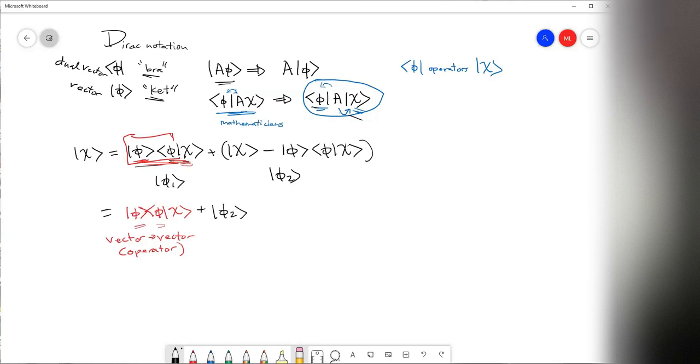So from here, we can define this projection operator as a projection onto a vector phi, using this Dirac notation. It's a nice way of thinking about projecting onto a particular vector.